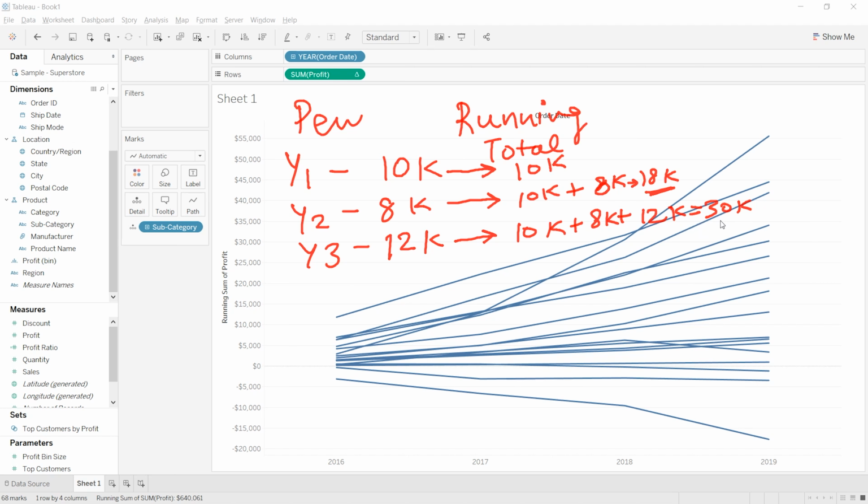That's how running total works, and the 30k right here is always the total profits, because obviously you keep on adding these values one by one, and by the end of the last year you will have the sum of all these values. You can also do 18 plus 12, which will also give you 30. So that's how running total works.